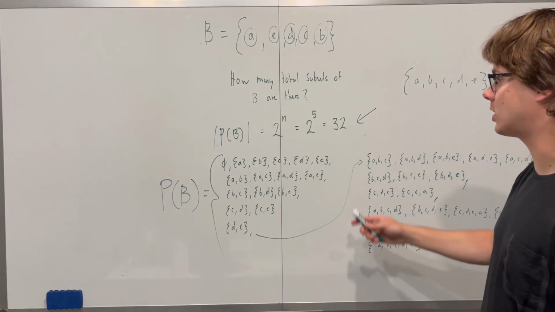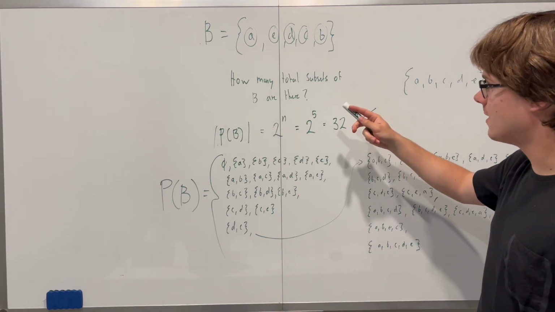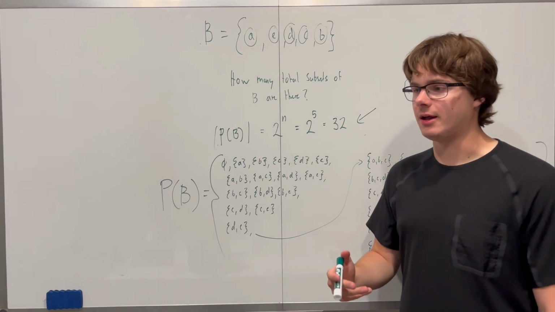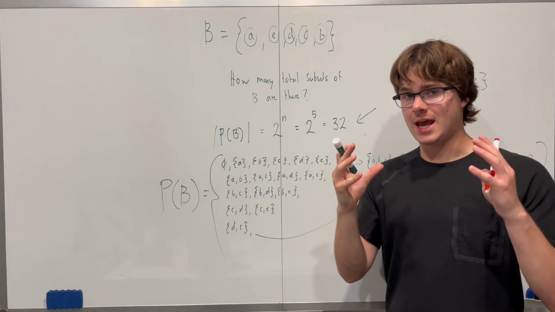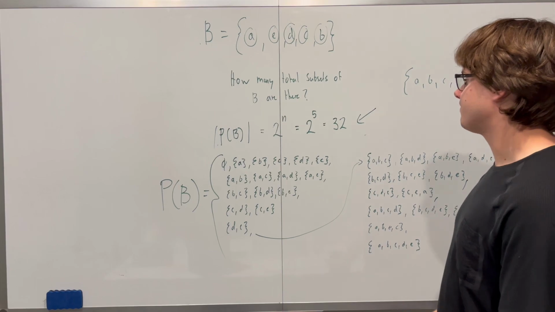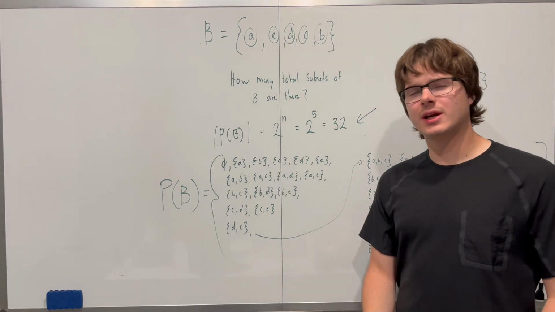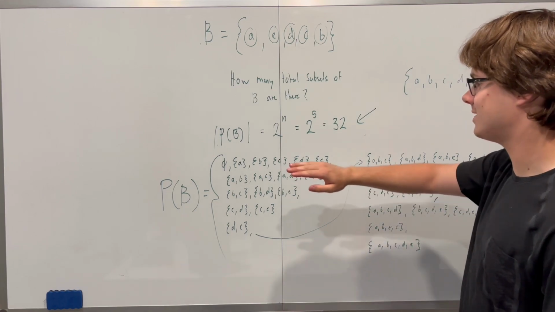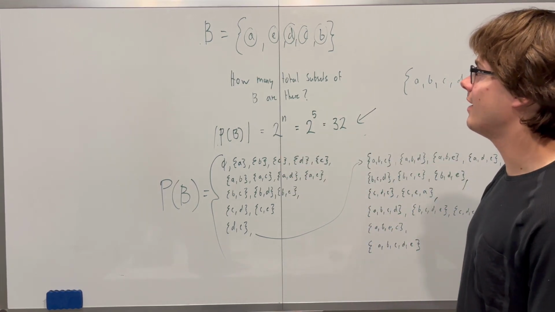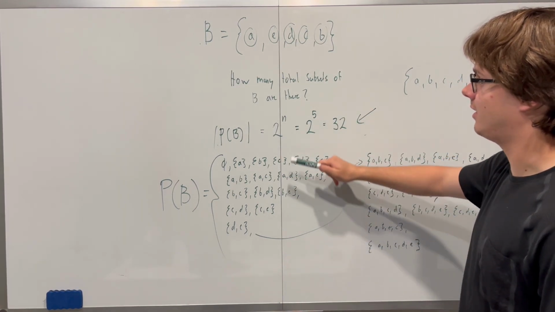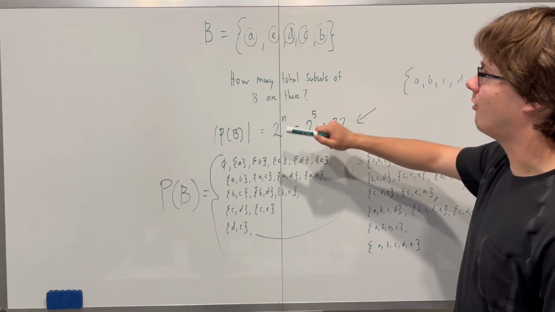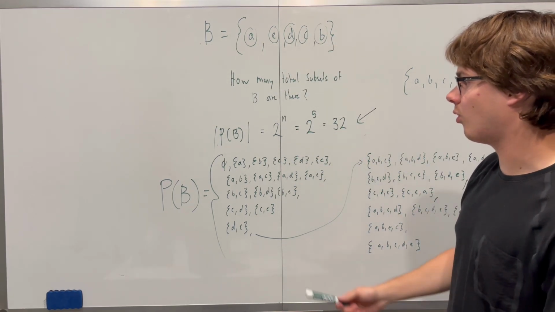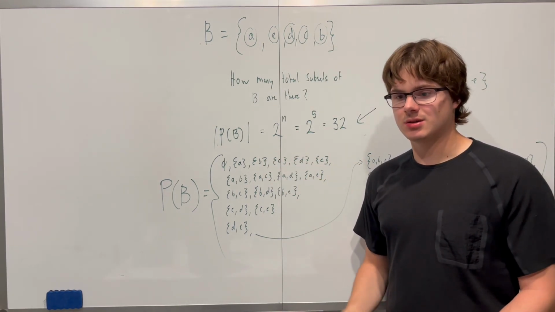But why go through the trouble when we have this simple, easy formula that I'm going to ask you to just take as true? I've tried proving it. I'll need to read more into it before I make a video on that. But for now, we're just going to take for granted that this is true, that the total number of subsets of a set is 2 to the power of the number of elements in the set, or the size of the power set of the set.